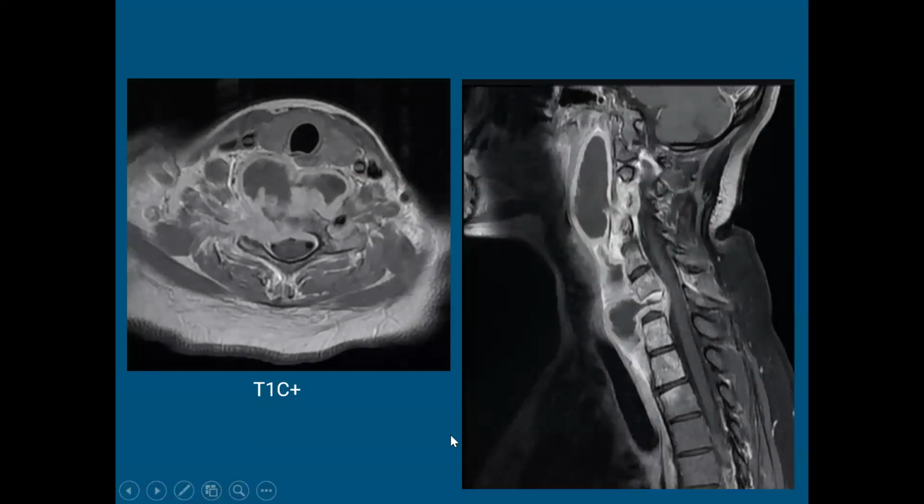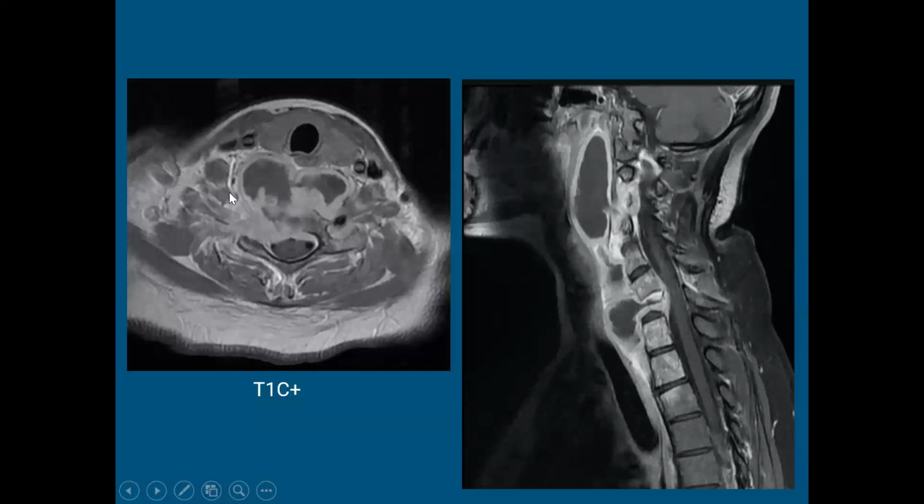Yeah, so this image shows one of the pathologies of the perivertebral space. These are the axial and sagittal T1 post-contrast MR images. We can see in this image there is vertebral destruction in this region, with corresponding prevertebral soft tissue and paravertebral peripherally enhancing collections.